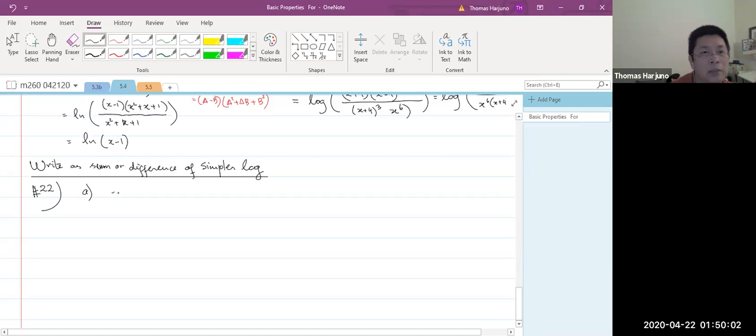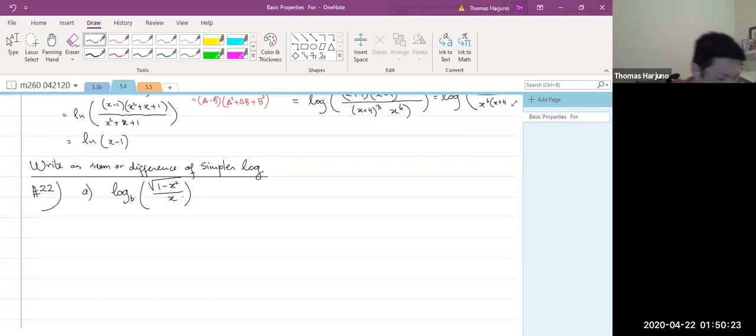Log base b of the square root of 1 minus x squared over x. Now, our textbook doesn't use that parenthesis, but the way I see it, if my argument is a fraction, I will use parentheses just to avoid misunderstanding.